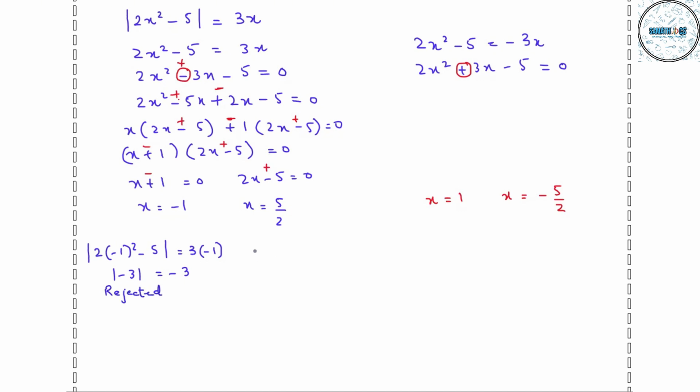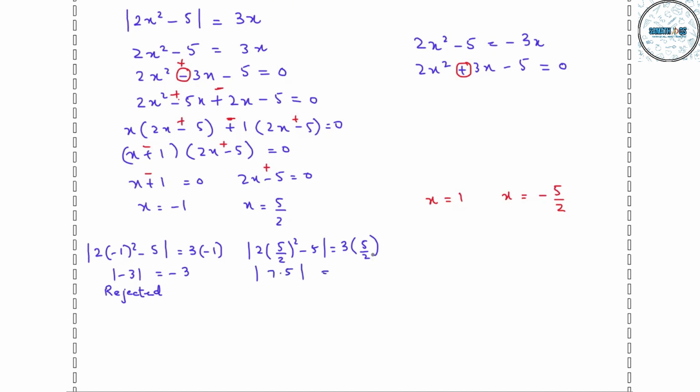Then we will substitute 5 upon 2 in this. So we will get here 2 into 5 upon 2 squared is 12.5 and 12.5 minus 5 is 7.5.